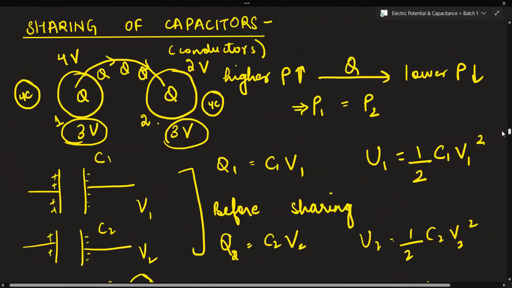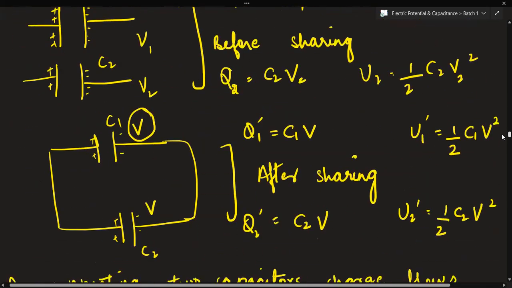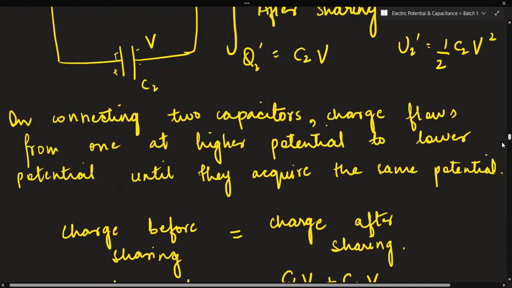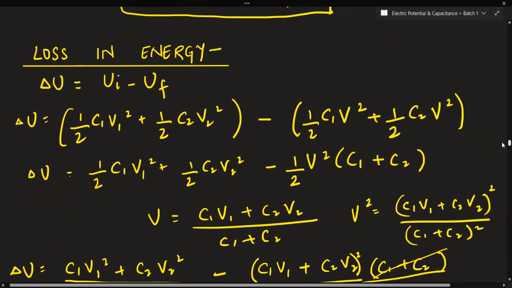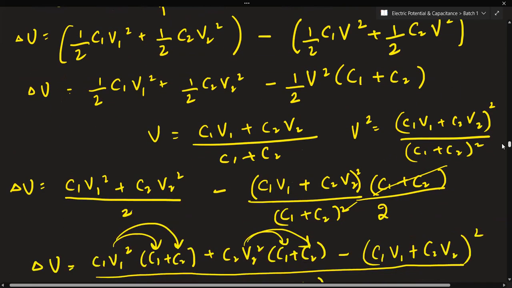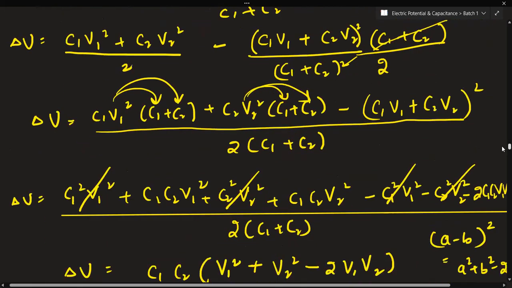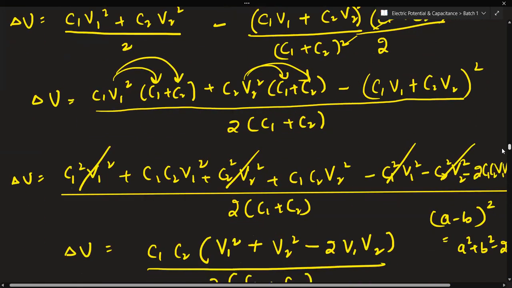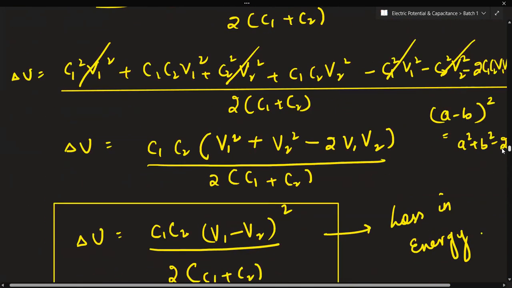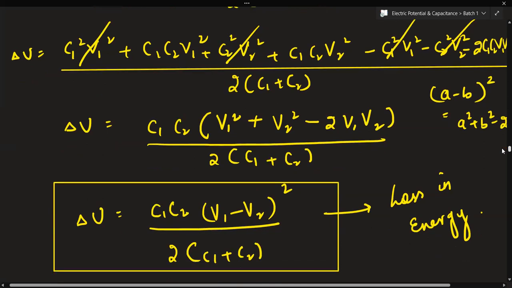Write down the initial energies before sharing, write down the final energies after sharing, then write the difference of initial and final energy. You'll reach this step where V is there, so put the value of V as (C1V1 + C2V2) by (C1 + C2). When you put the values, take the LCM, open up the brackets, cancel the terms, make it an algebraic identity, and you will get the answer.